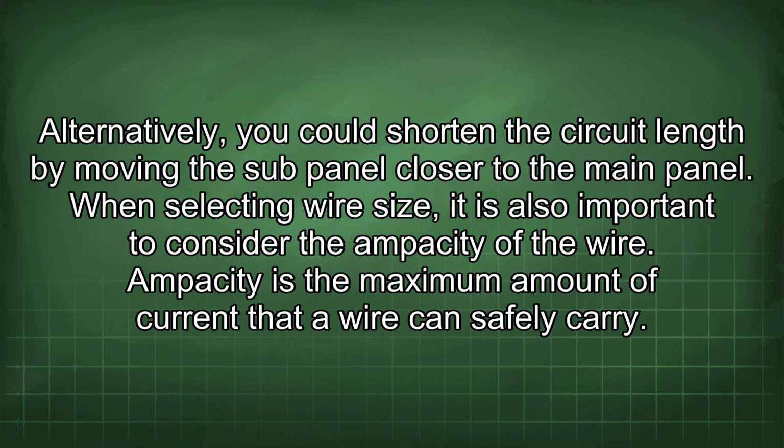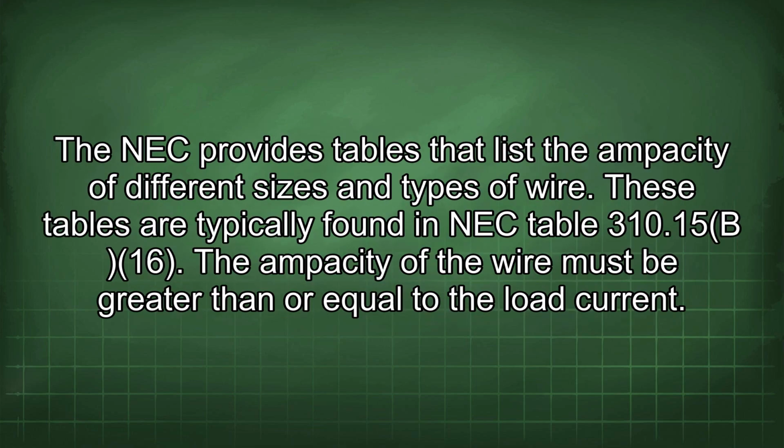When selecting wire size, it is also important to consider the ampacity of the wire. Ampacity is the maximum amount of current that a wire can safely carry. The NEC provides tables that list the ampacity of different sizes and types of wire. These tables are typically found in NEC Table 310.15(B)(16).